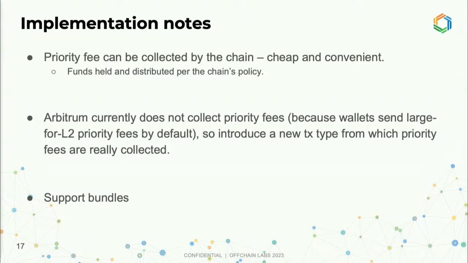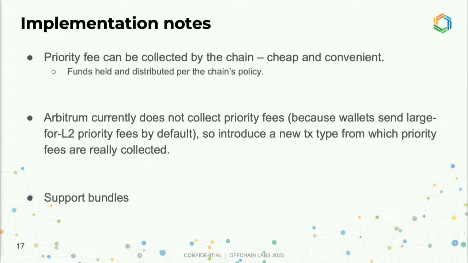Because so many people inadvertently submit transactions with enormous, for L2, priority fees, and because currently priority fee doesn't get you anything, ever since the launch of Arbitrum we have ignored priority fees, not collected them, and treated every transaction as if it had priority fee 0. So for backward compatibility, we don't want to just turn on collection of priority fees one day.